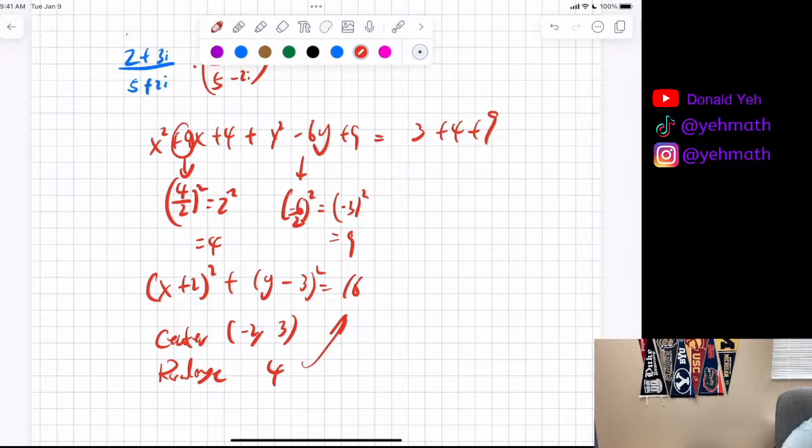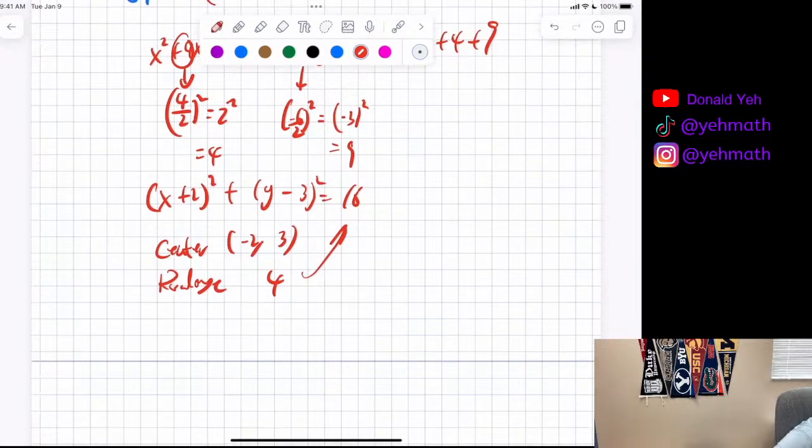For me, I love circles because that's usually the easiest question to give out. So I will ask area and circumference. And that's equal to pi r squared, which is equal to 16 pi, and 8 pi is going to be the circumference.